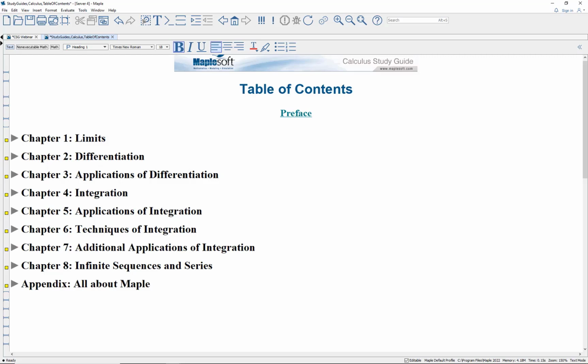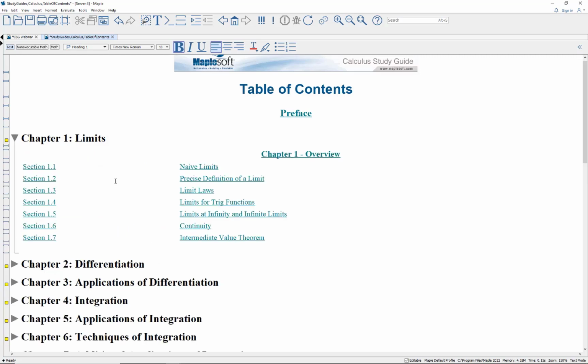Then there's that chapter on techniques of integration. After you get some additional techniques of integration, you can do additional applications. There's a section on sequences and series. And then there's an appendix that explains stuff about the use of Maple. So here we had looked at some sections within the first chapter. Naive limits. You've got to get started on limits.